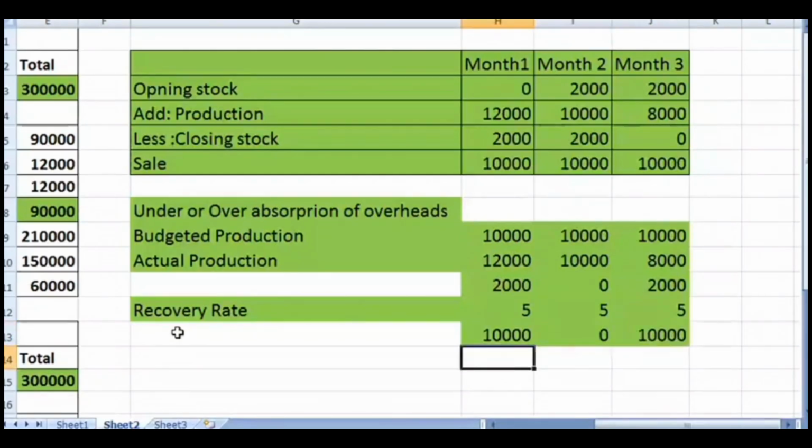So is this under or over? Over recovery. And this is under recovery. Got it?